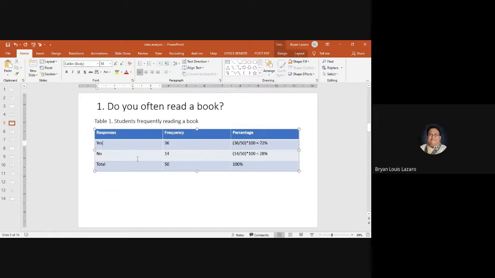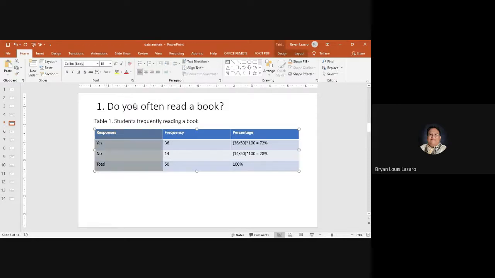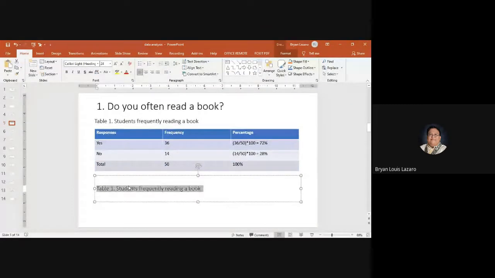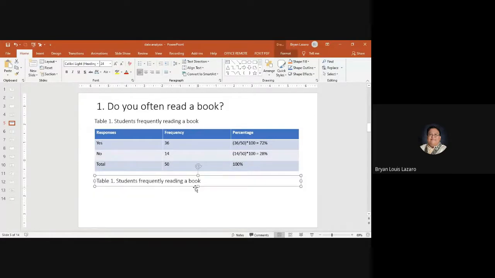So, yes or no. Pag ginawan mo na siya ng analysis, i-analyze mo na yan. Pag sinabi mong i-analyze, lalagyan mo siya ng description. So, paano mo siya i-describe? Uunahin mong sasabihin, lagi, the first sentence introduces the table or the figure.